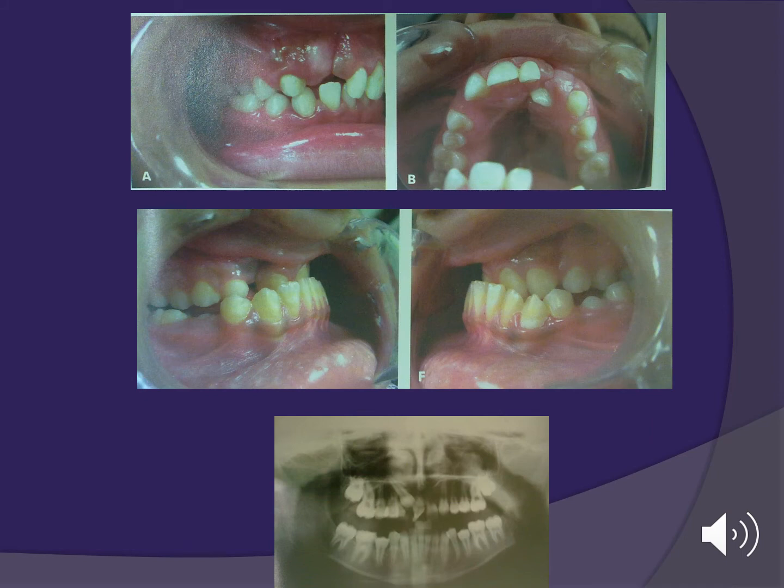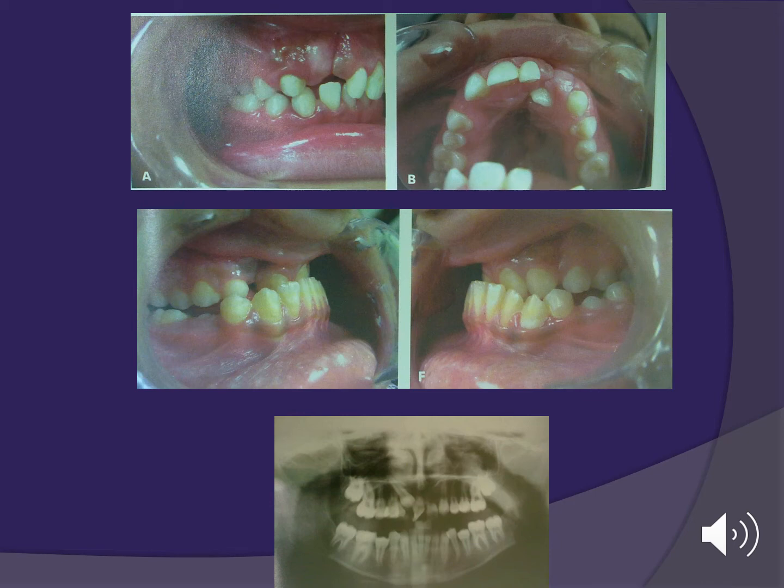This photo shows a patient with a unilateral cleft lip and palate. We can see that there is an absence of some anterior teeth and related malocclusion. The patient presented with a hypoplastic maxilla due to the palate repair, and the patient also has a class 3 malocclusion in this photo.